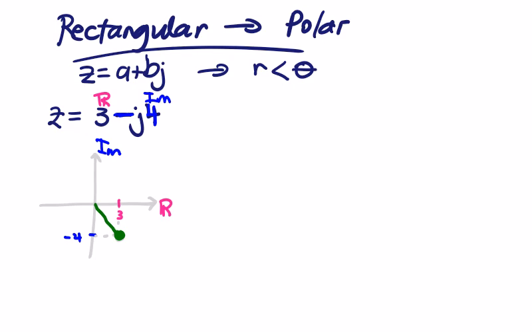So what we are after, for the polar form, is actually calculating the length of this line that we drew from the origin to the point, and that is called r.